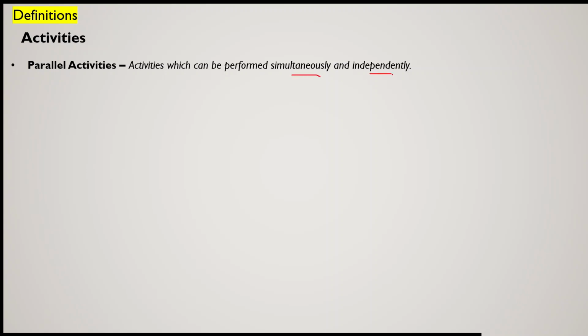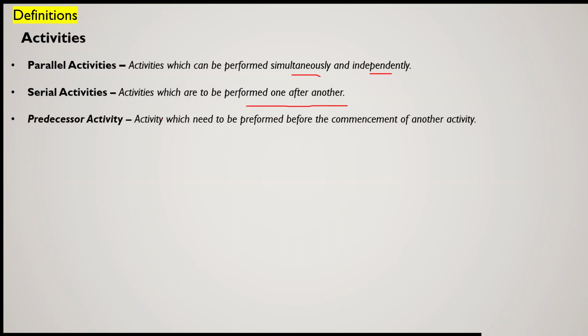Now a few definitions which we must be clear about to avoid any confusion while planning. First of all, some activities are called parallel activities. Parallel activities can be performed simultaneously and independently. Second is serial activities, activities which are to be performed one after another. A predecessor activity is that activity which needs to be performed before the commencement of another activity.